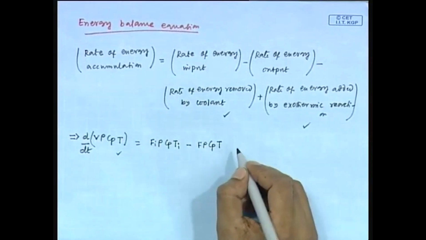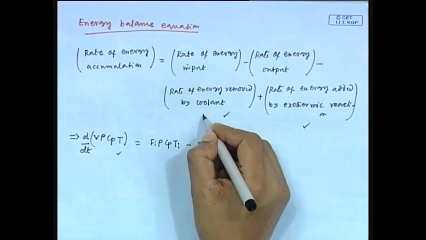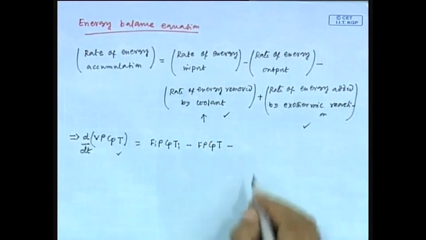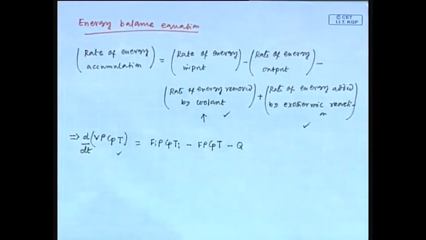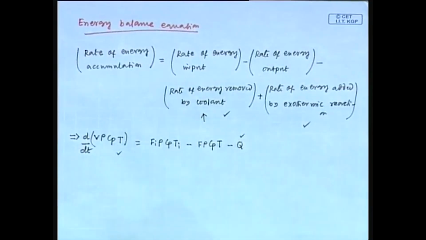Now, rate of energy removed by the coolant, this will be represented by Q. Energy removed by the coolant is represented by here Q. What is Q? How we can calculate Q?